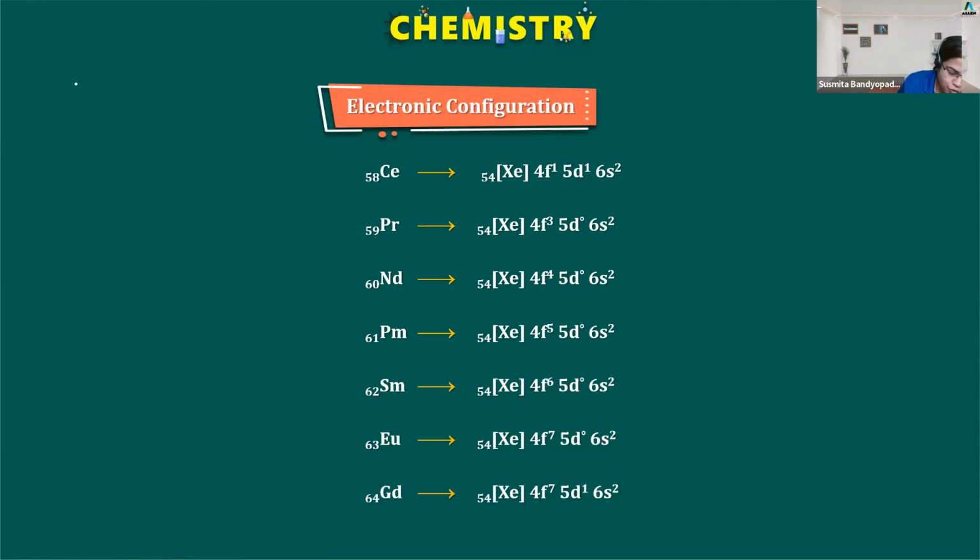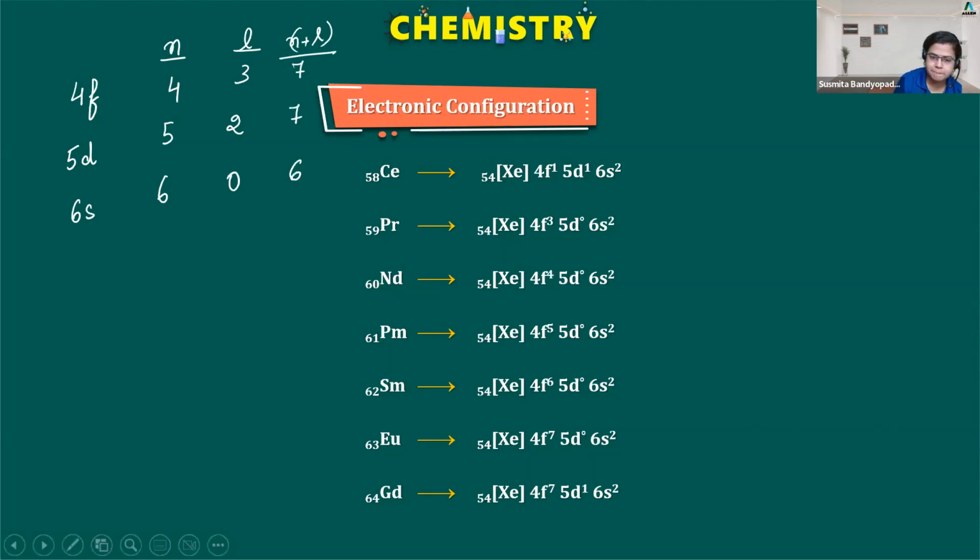First, we will take 4f, 5d and 6s. What am I doing? I'll tell you: n plus l.